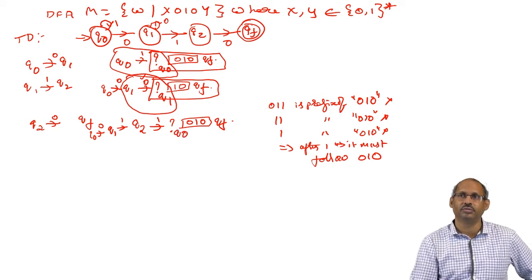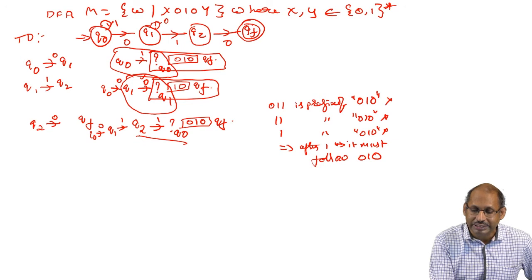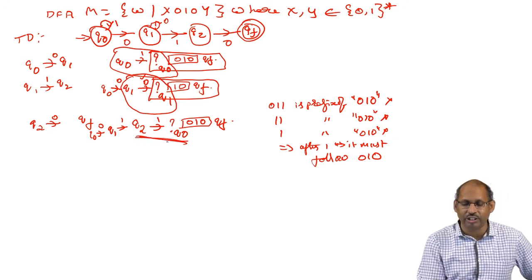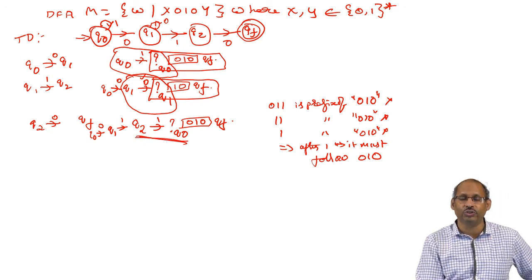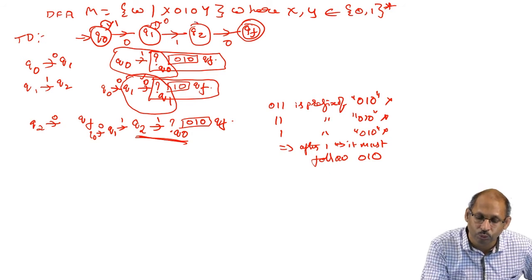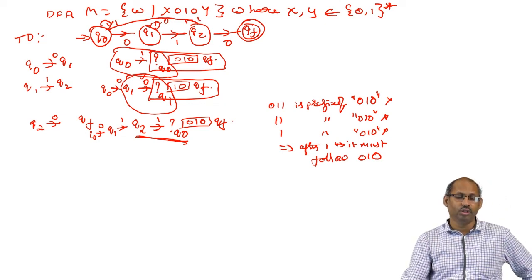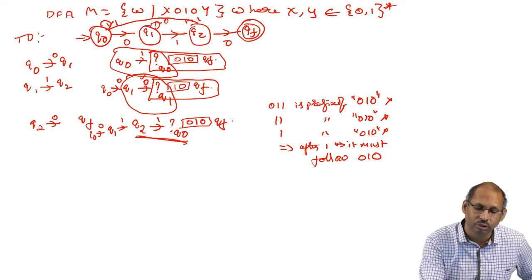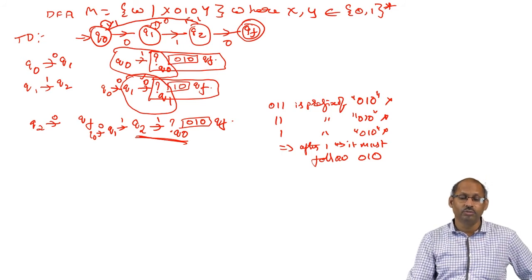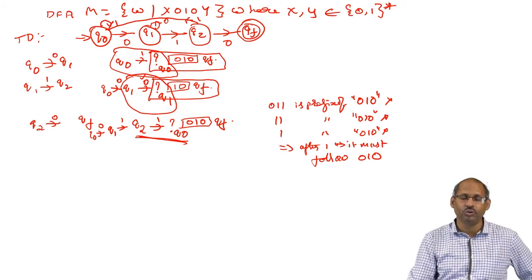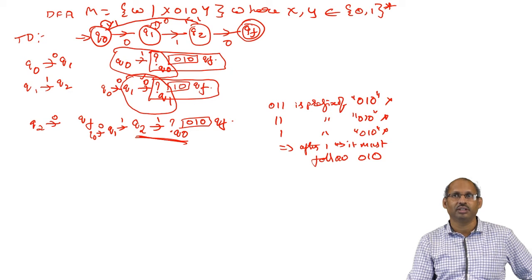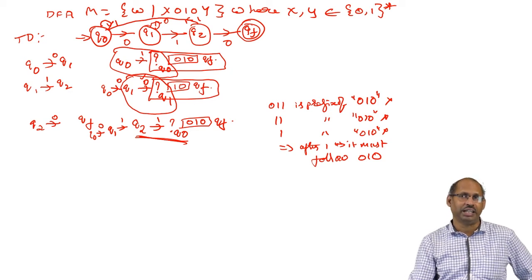Q0. Q0 is the state that on 0 1 0 goes to QF. Now, what is this giving? Q2 on 1 going to Q0. Right? That is our transition.